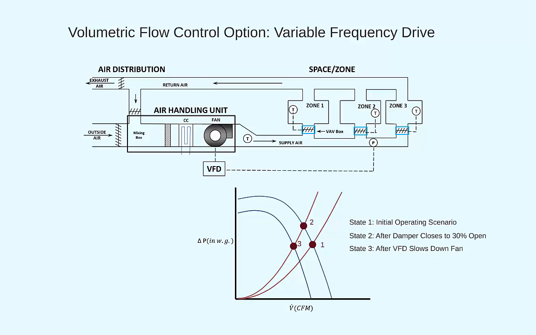Just like with variable flow hydronic systems, these VAV systems are very dynamic, and changes in fan speed and VAV damper positions are constantly occurring, many times simultaneously. The previous illustration just showed what is happening in discrete steps for you to wrap your head around this very dynamic system. So that is how a VAV system which incorporates a VFD works.